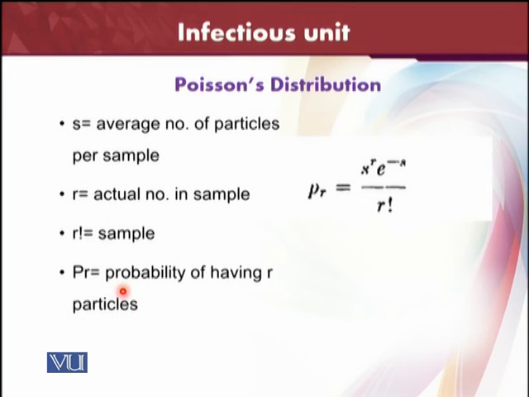What is r? The actual number in the samples, the actual number of infectious units. You can say the infectious units, or the individual units which are present. And r factorial is for the sample, how many particles are present, the total particles present inside the samples. And then m is the average number of particles per sample.